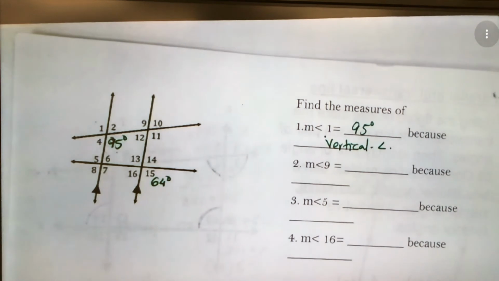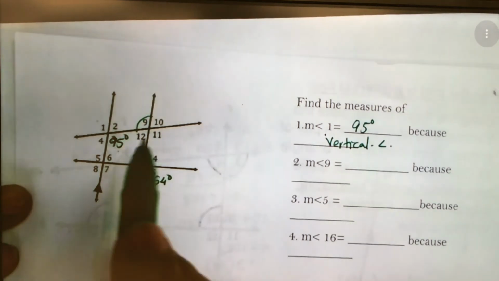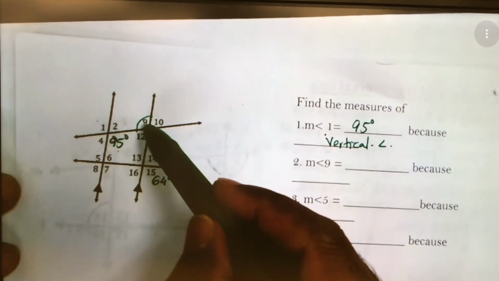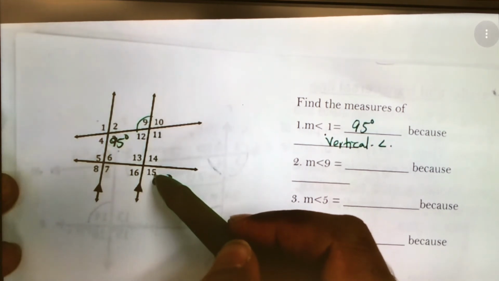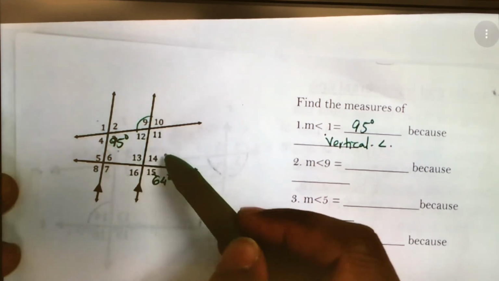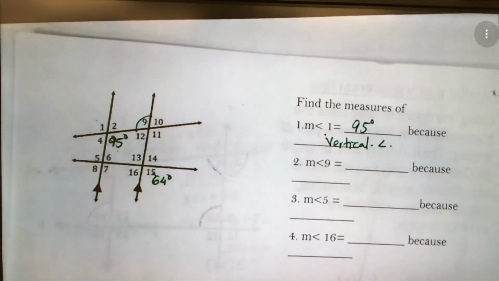Okay. Next I need to figure out angle 9. So here is angle 9. I cannot connect angle 9 and angle 15 because I told you that to find the measure of an angle, we should have a pair of parallel lines.